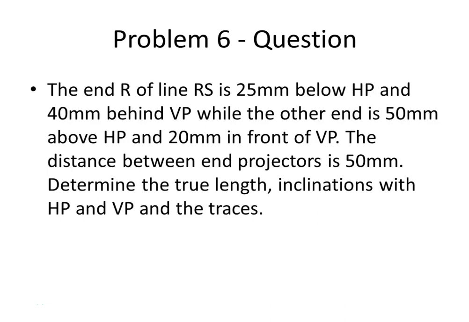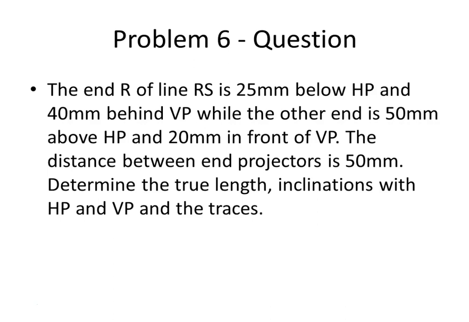The only difference compared to the last question is that here the endpoints of the line are oriented in different quadrants. For example, if you look at the end R, that is below HP, and the end S is actually above HP, and at the same time the end R is behind VP and the end S is in front of VP.